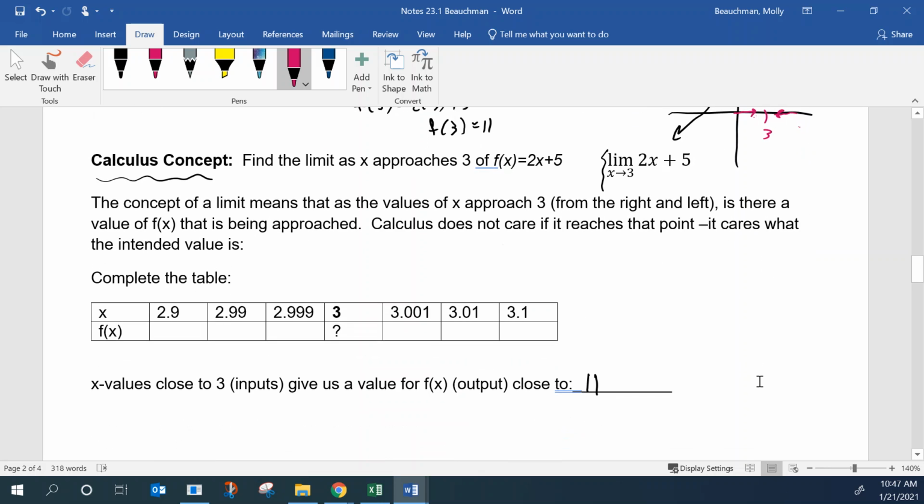So to complete a table, we take a look at 2.9, 2.99, 2.999, values close to 3 coming in from the left, values close to 3 coming in from the right.